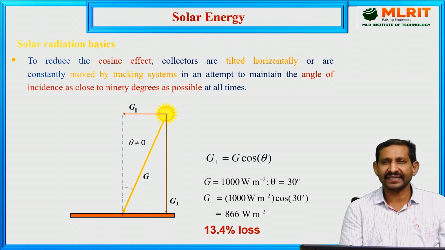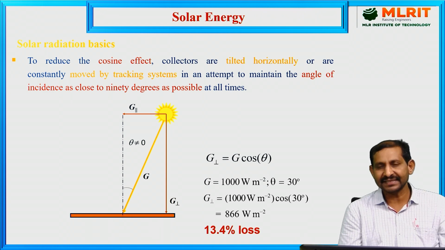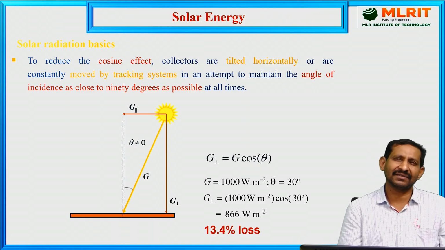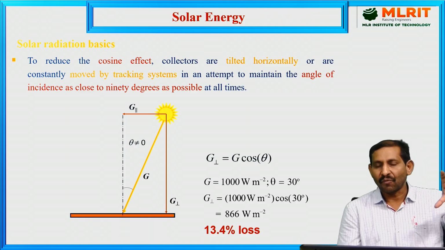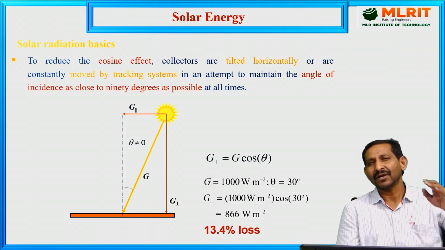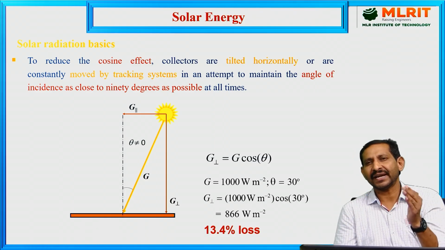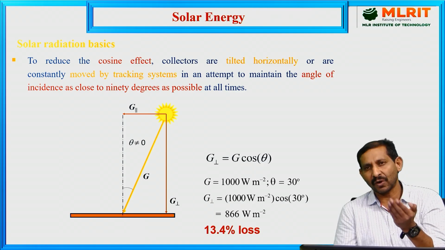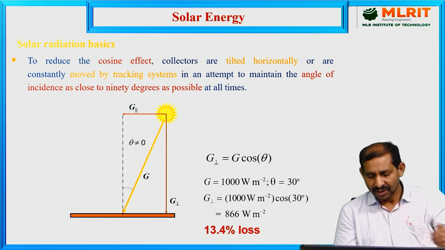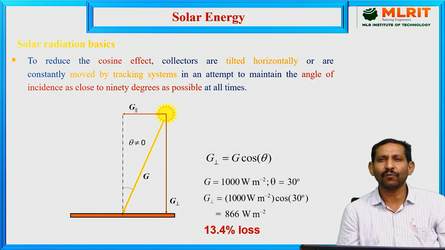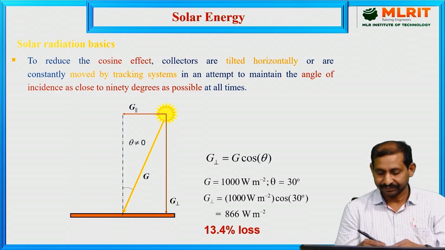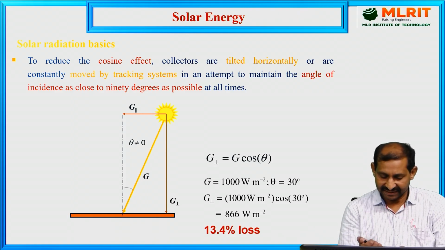For example, if you consider a 30 degree angle and substitute it here, it comes to 866 watt per meter square. So the original 1000 watt per meter square is reduced when the solar radiation comes in tilted. That is the cosine effect, the energy loss per square area, a loss of nearly 13.4%.